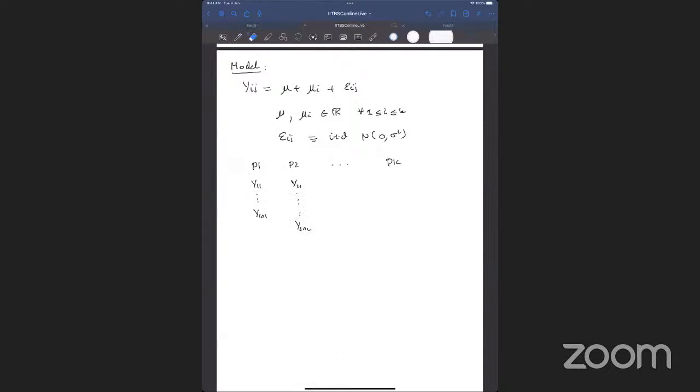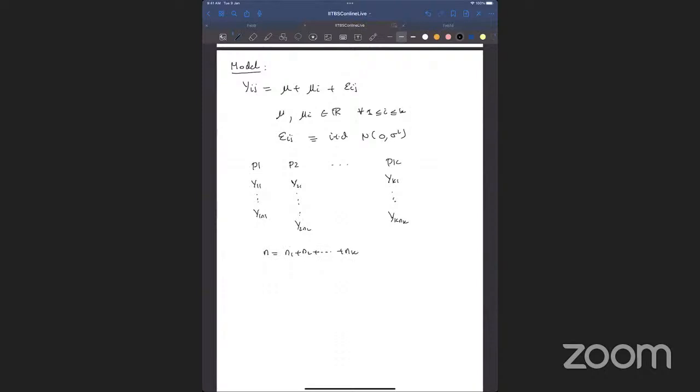And then the last one, you have yk1 up to yknk. That's how the data set looks. And the total sample size is n1 plus n2 plus all the way to nk.